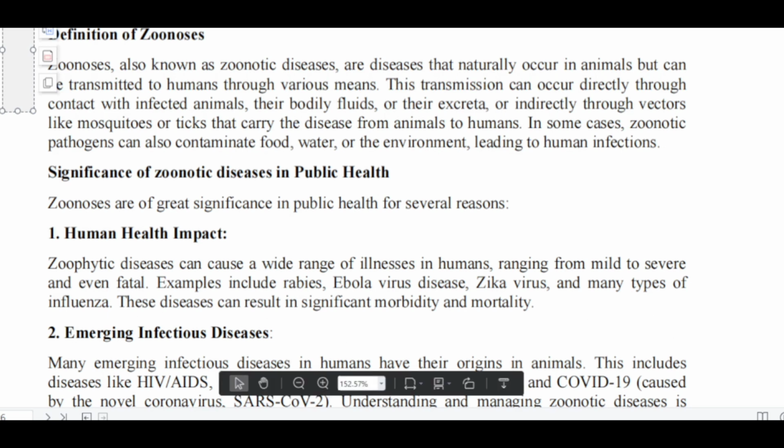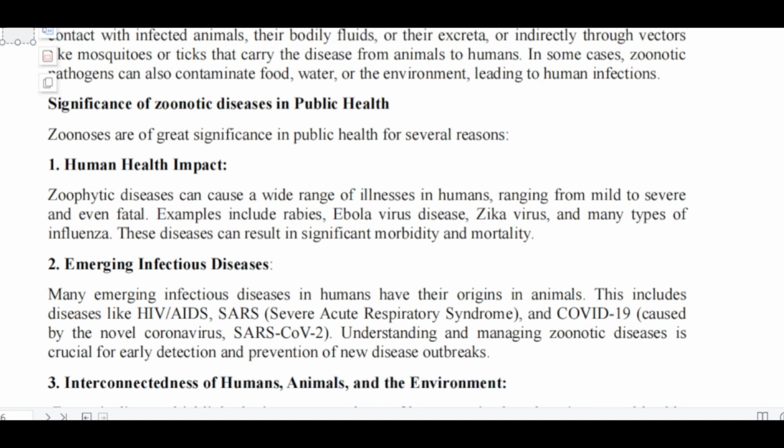Secondly, you have emerging infectious diseases. Many emerging infectious diseases in humans have their origin in animals. This includes diseases like HIV/AIDS, SARS, that's severe acute respiratory syndrome, and COVID-19. You can mention even Lassa fever.